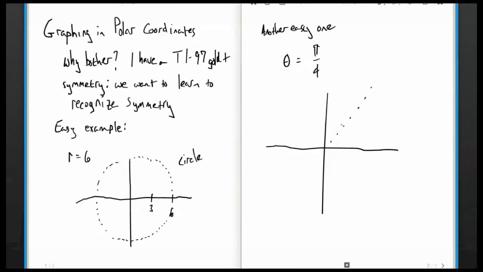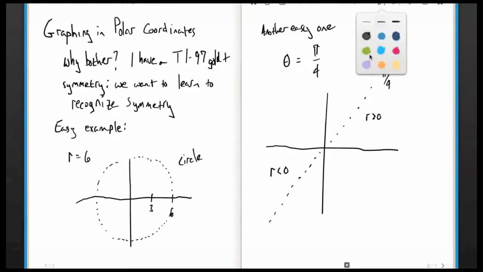But remember, if I'm looking in the pi over 4 direction, these are where r is greater than 0. However, I can go this way too. I'm looking at pi over 4 but walking backwards. This group, r is less than 0, so these are negative numbers. So we have two different regions.